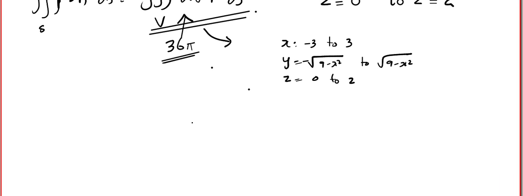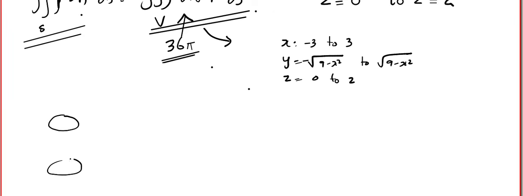Okay, and for the surface part, you have to understand a cylinder has 3 surfaces: the topmost, the bottom, and the curved surface. The top and bottom are very easy to evaluate, because you know the outward normal on the top is k and on the bottom it is minus k. And in such problems you have a huge advantage.